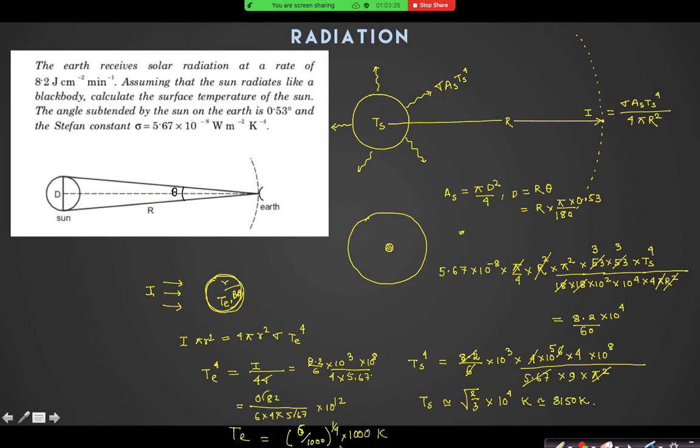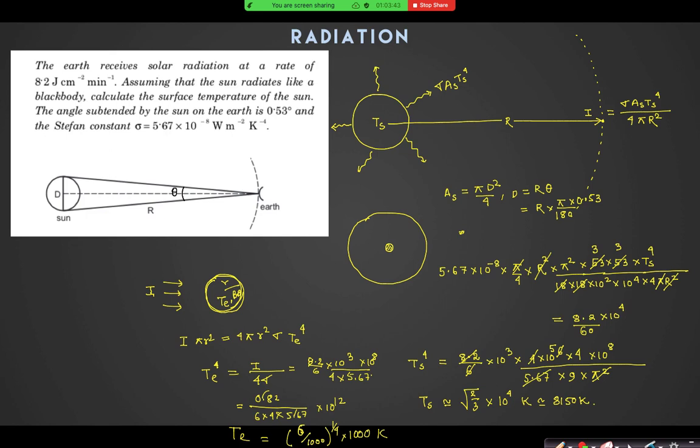So approximately you can calculate what is that value. But it is differing a lot from the practical value. Yes, it's differing a lot. What value are you getting?